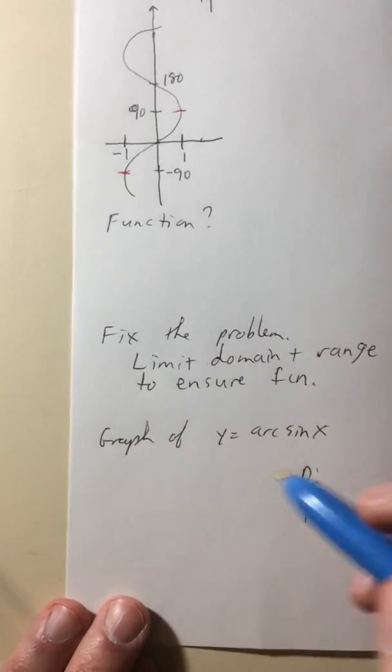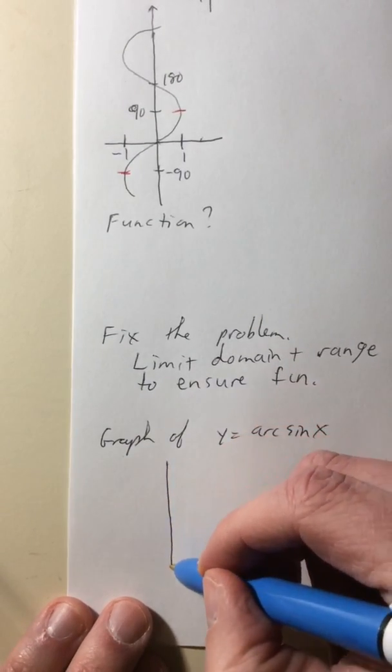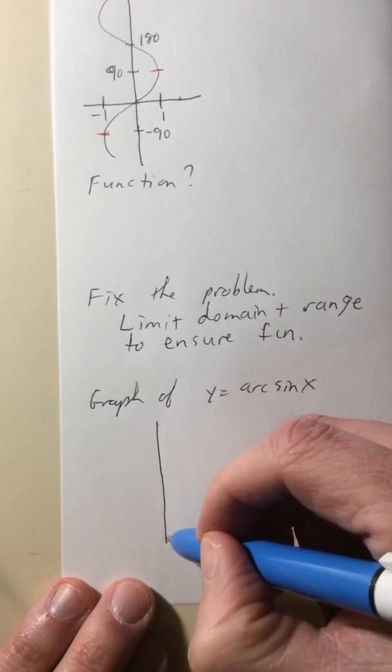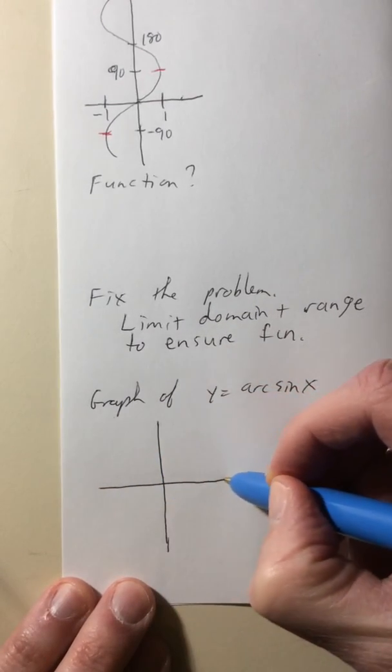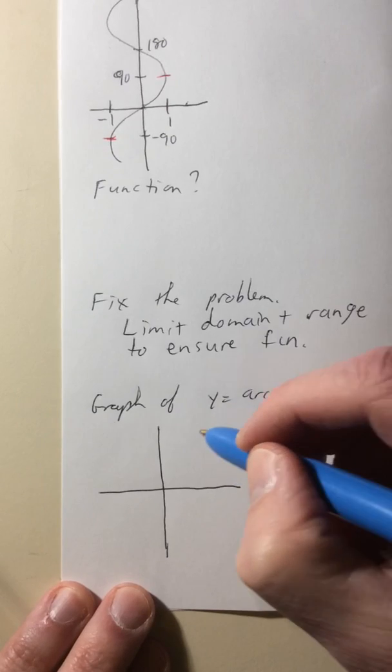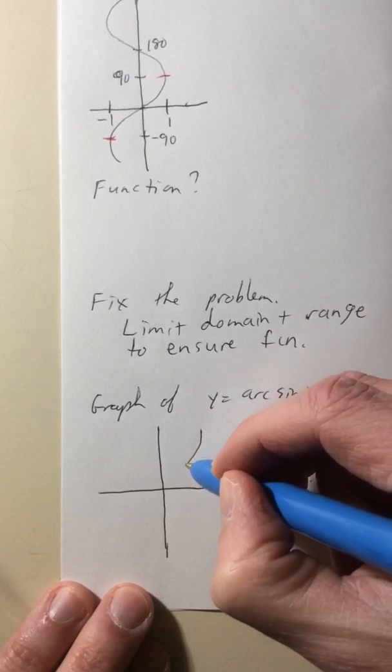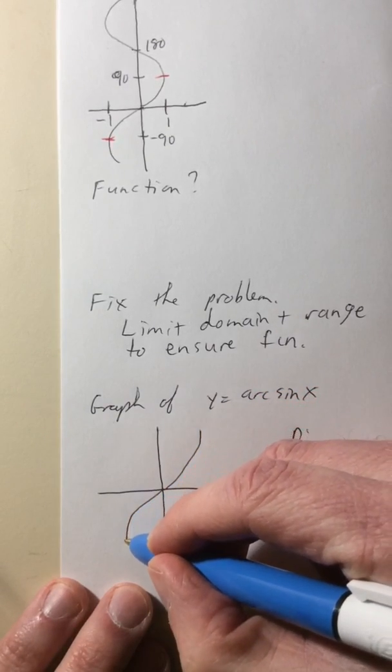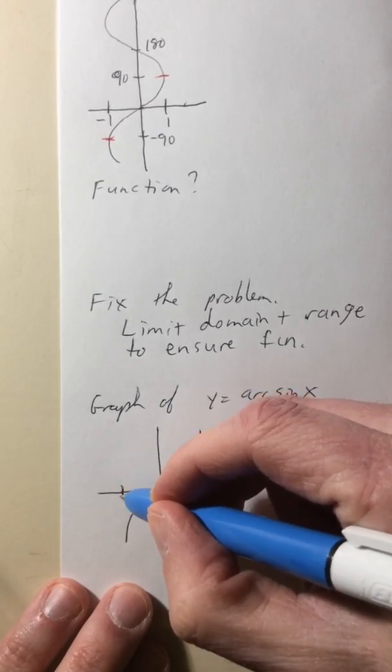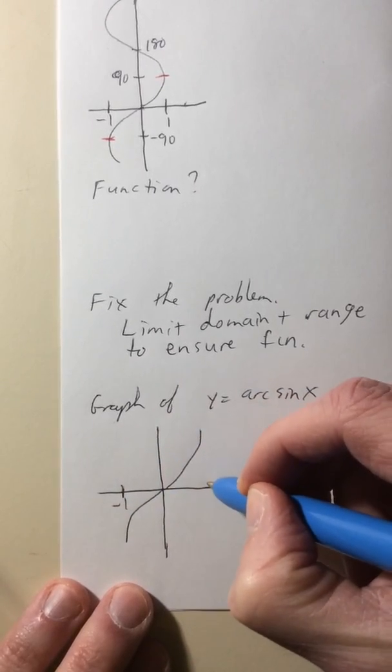So let's sketch that right in here. So this is going to be our graph of the arcsine function. So it's going to look like this. In a lot of ways it looks a little bit like x cubed.